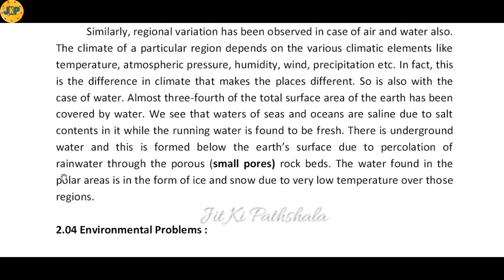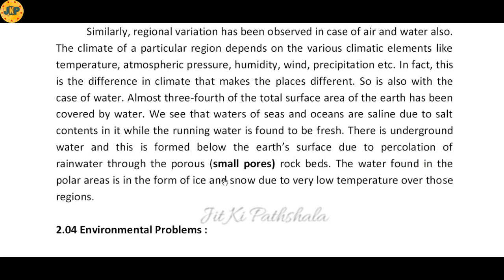There is underground water, and this is formed below the earth's surface due to percolation of rainwater through the pores. That means small holes found between the rocks. And we know that water is also present under the ground. Whenever rainfall occurs, as we have small pores on the earth's surface, water percolates through those pores and accumulates under the ground.